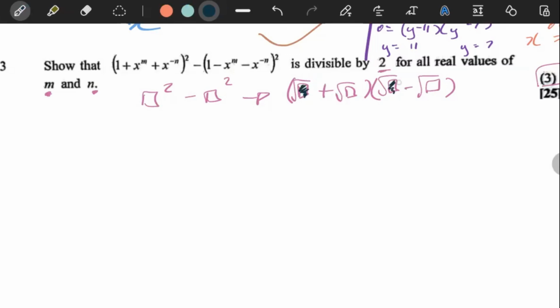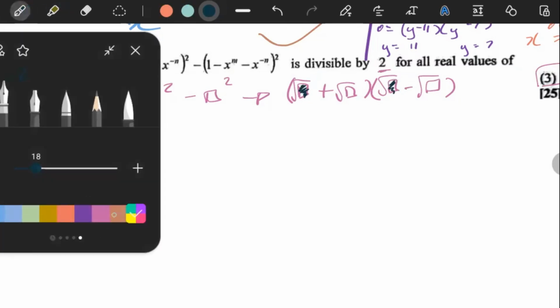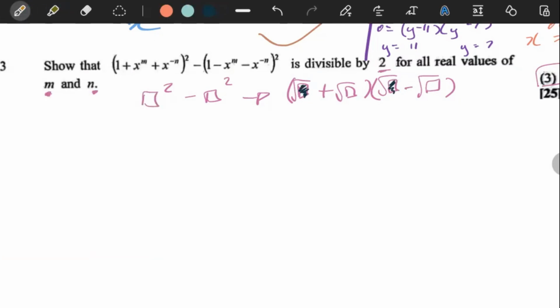So that's what we're going to do, because that's easily how you can work a question like this out. So the difference of two squares, logically, means you're going to have one big bracket, and then another big bracket.